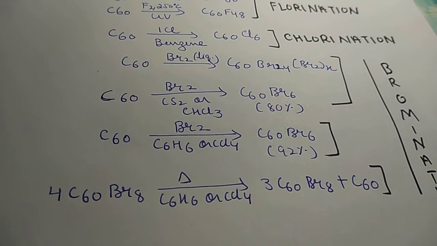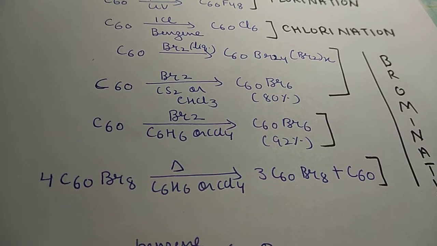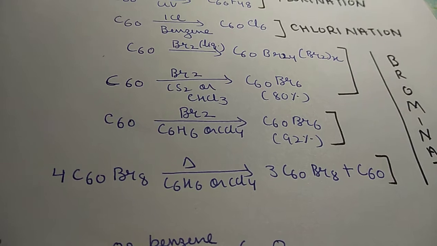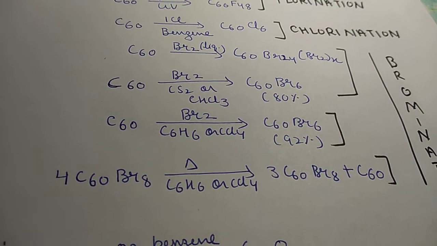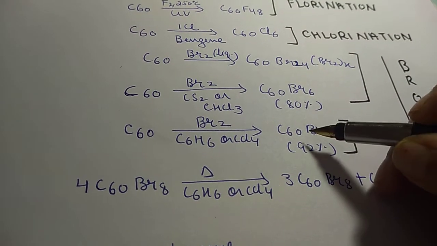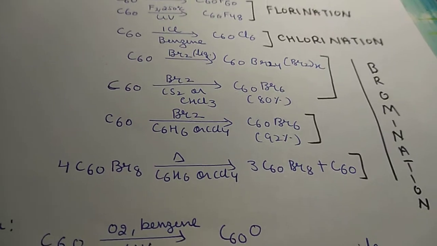Then if bromination is carried out in the presence of chloroform, CHCl3, or carbon disulfide, CS2, we get C60Br6, 80% yield. If bromination is carried out in the presence of benzene or carbon tetrachloride, CCl4, we get C60Br6, 92% yield.